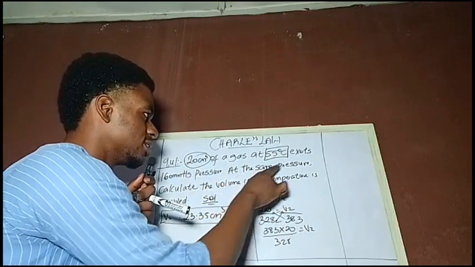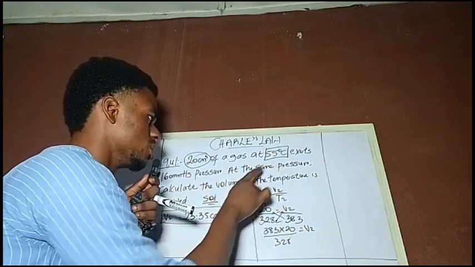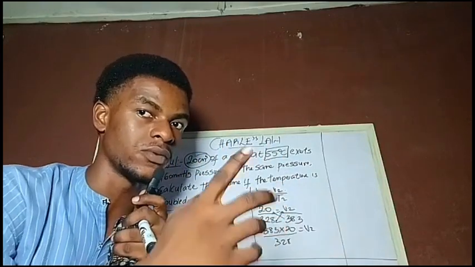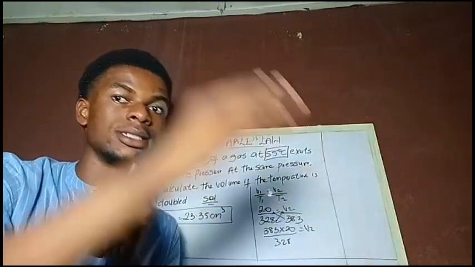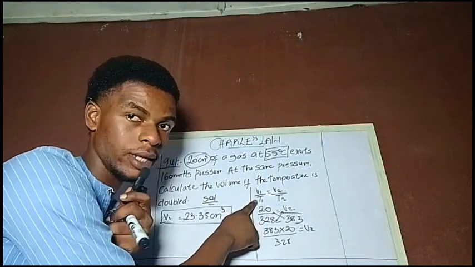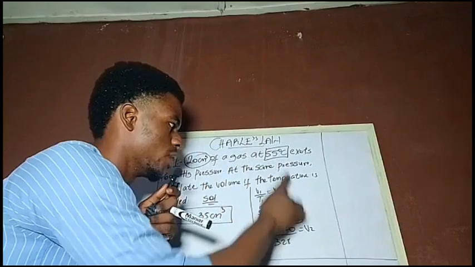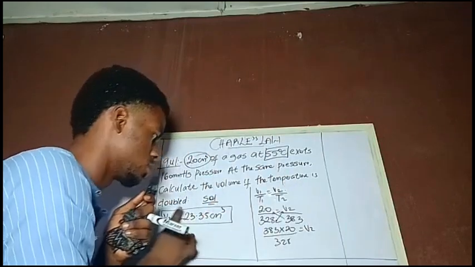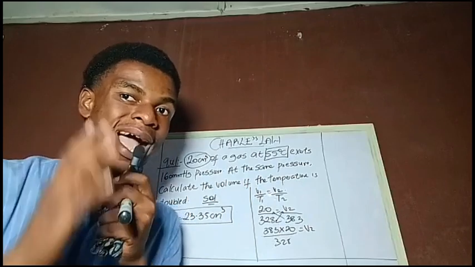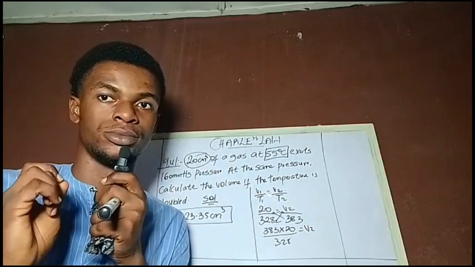At the same pressure, calculate the volume if the temperature is doubled. Like I said, we don't focus on pressure. We are focusing on volume and temperature. So the formula we use is V1 over T1 equals V2 over T2. I got 23.35 centimeter cube as my V2. Are you with me now?